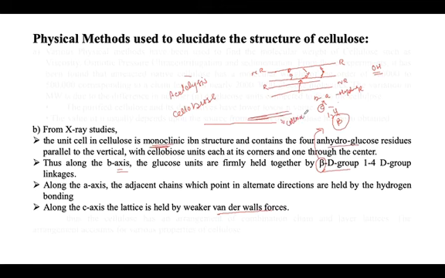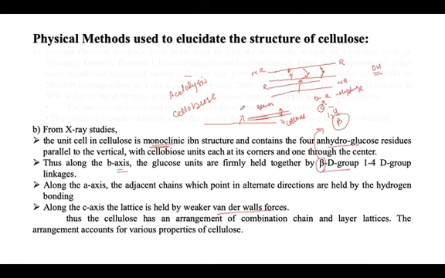That layer structure is not possible if it has a branched chain, and in that case it will be difficult to get a colloidal solution, and we may get a suspension rather than a colloidal solution. So that again shows that these chains are linear, but they are connected with each other through hydrogen bonding or through weak van der Waals forces.